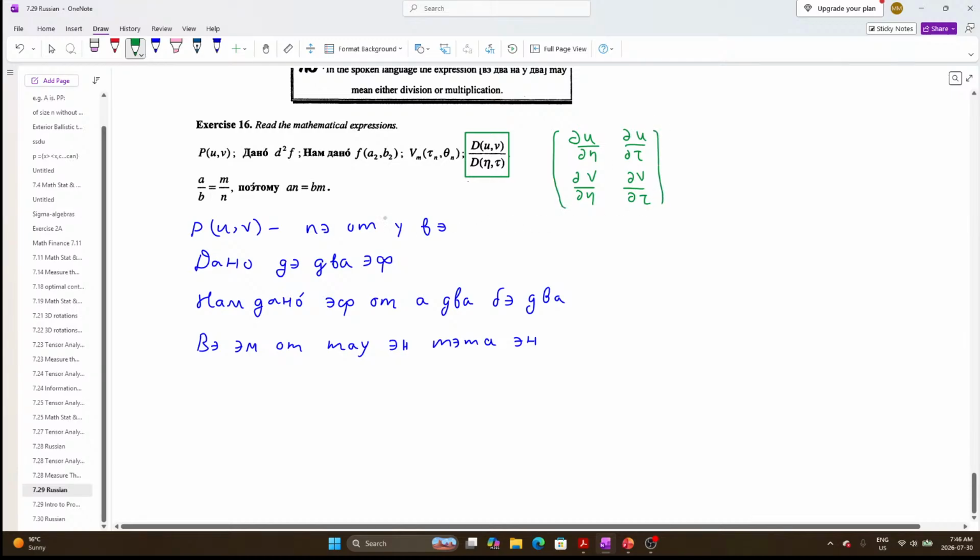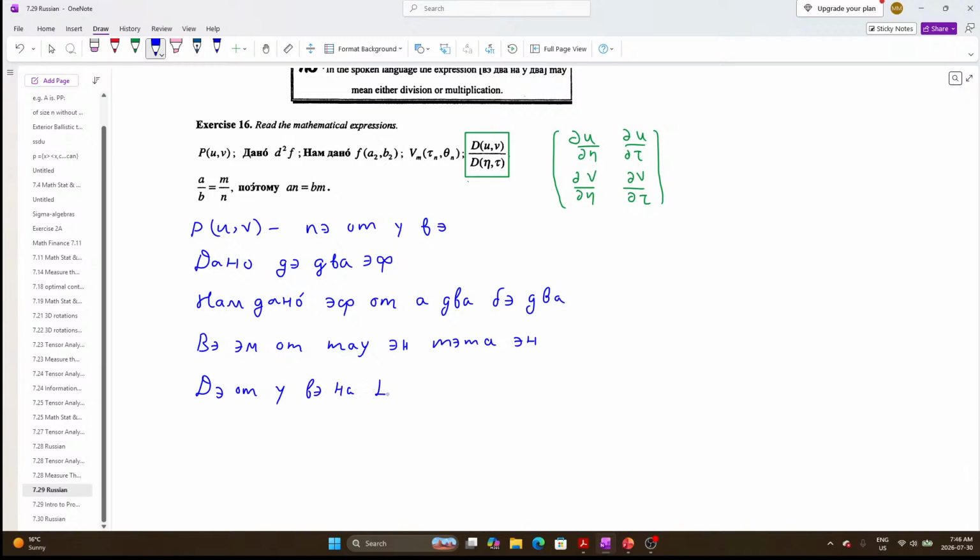The point is pronunciation would be, say, de at u v na de at eta tau.